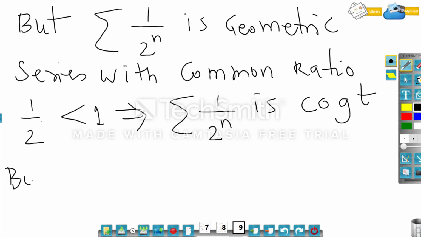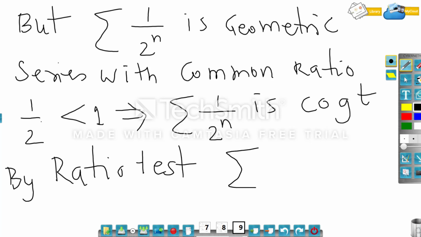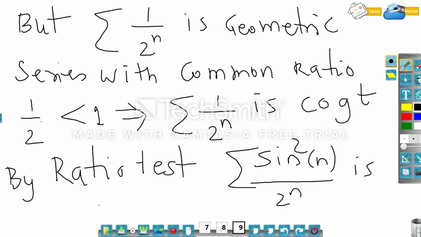So series sine square n upon 2 raised to n is convergent.